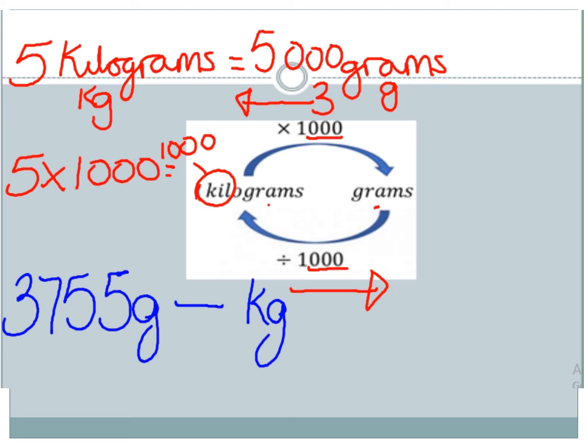Okay? So imagine your decimal point is at the end, because you can't see that. So we would move 1, 2, 3. Your decimal place would now become 3.755.